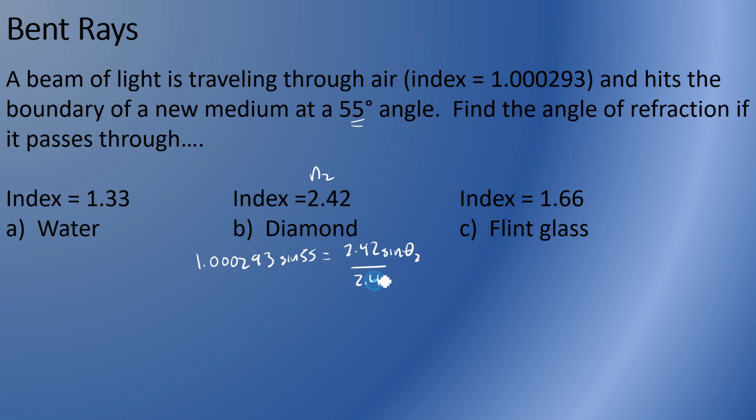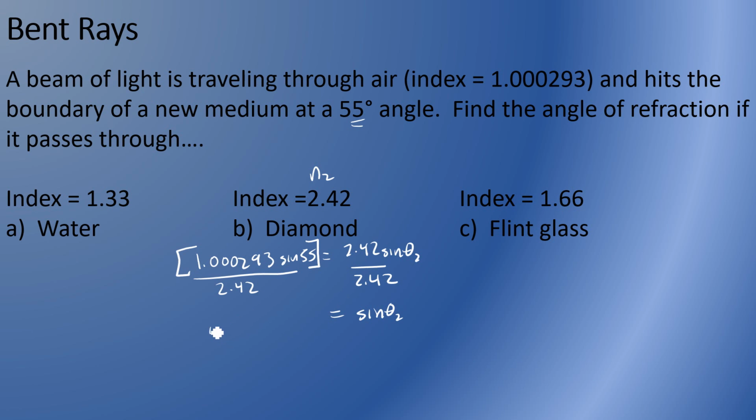We'll divide both sides by 2.42. In a moment we'll be doing inverse sine, but first, again, we're going to type this portion into our calculator before we do any dividing.